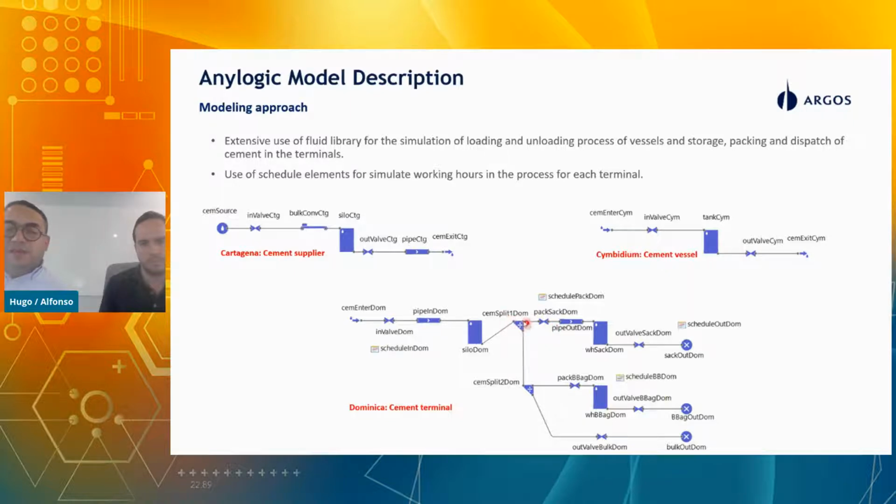For example, in this case, we are using this valve as a packing machine, and through this pipe we store the packed cement in a warehouse that is represented here as a tank, and then through this valve we control the discharge as the demand of the market, simulating the demand of the market for that specific product. We do the same for the big bags and the bulk in this case.